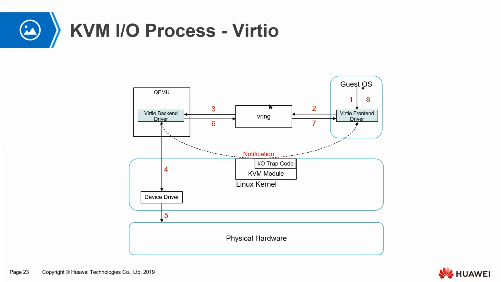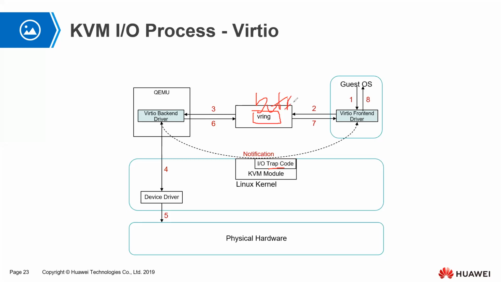So here you see already that the steps have somehow reduced. This time round, our trap code does not capture the input and output request. Instead, the request is stored in the V-ring buffer.